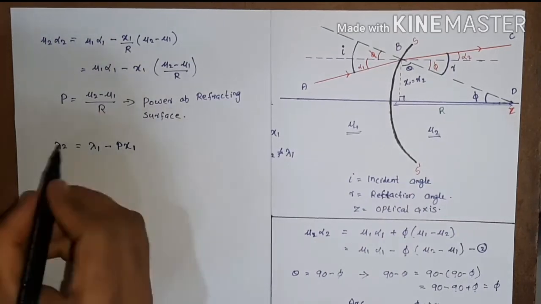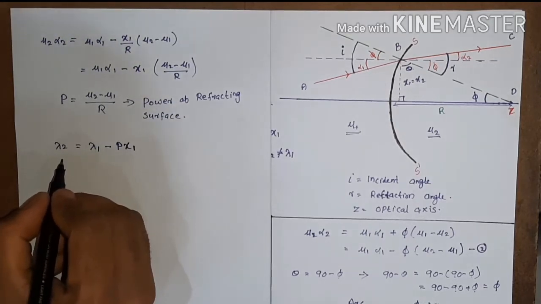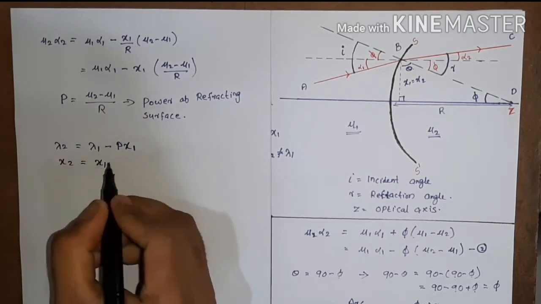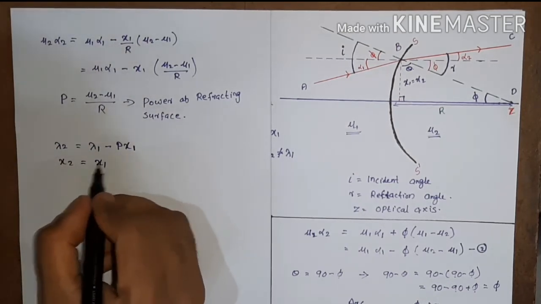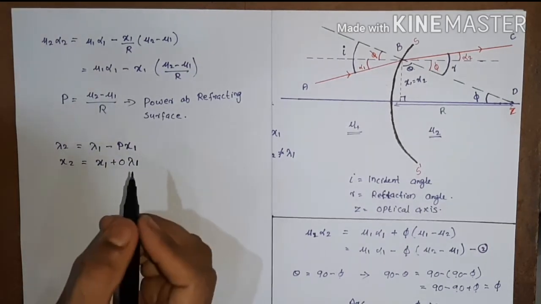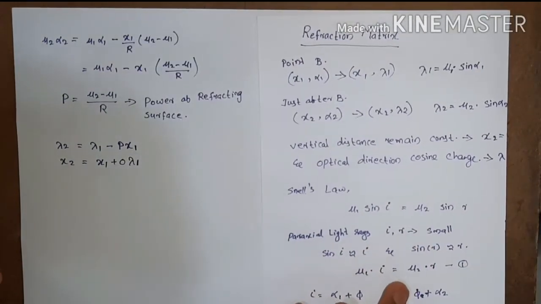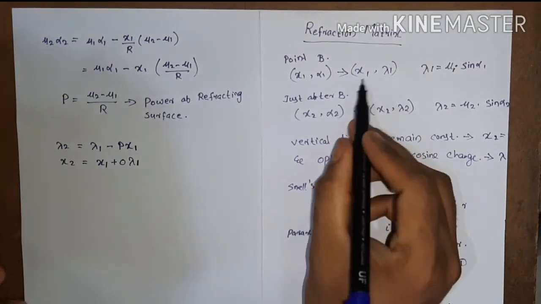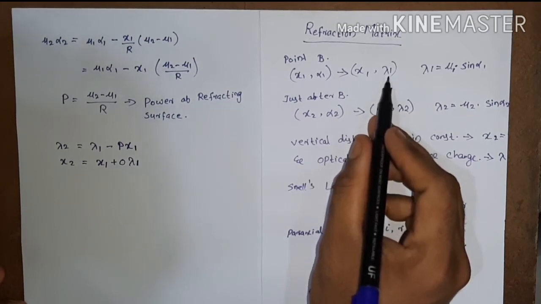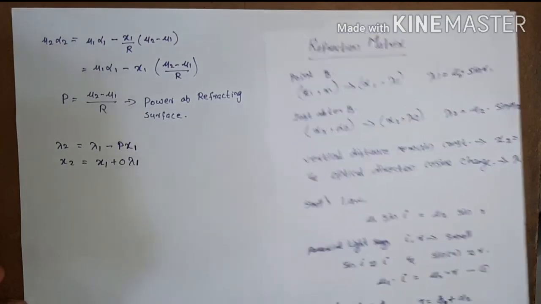We have already seen that since the refraction is taking place at a single point, x2 will be equal to x1 itself. So I can write it as x1 plus 0 lambda 1. Now x1 and lambda 1 are the initial coordinates just before the refraction, and x2 and lambda 2 are the final coordinates just after the refraction.